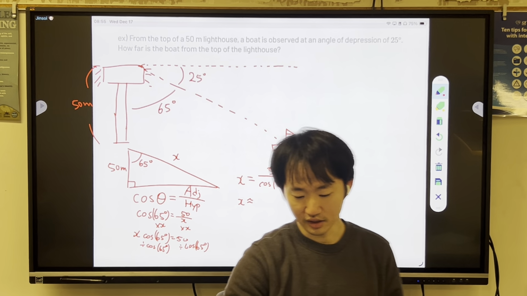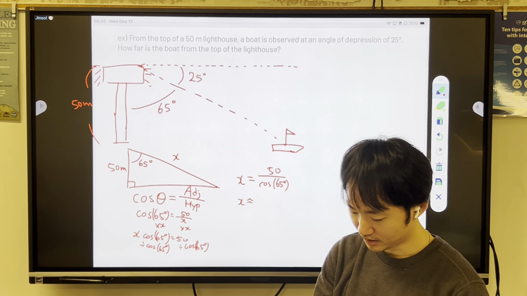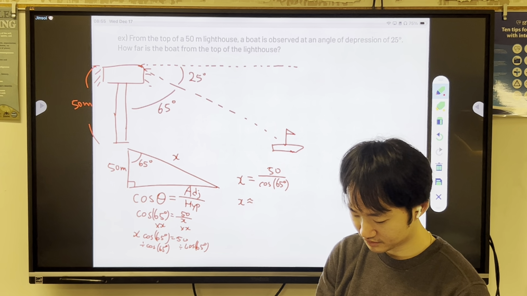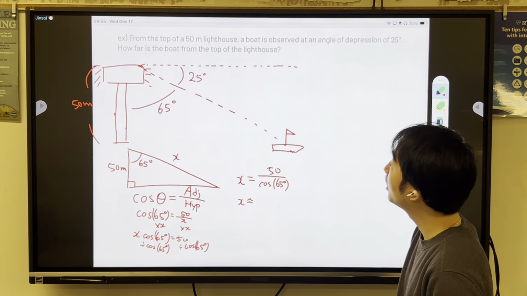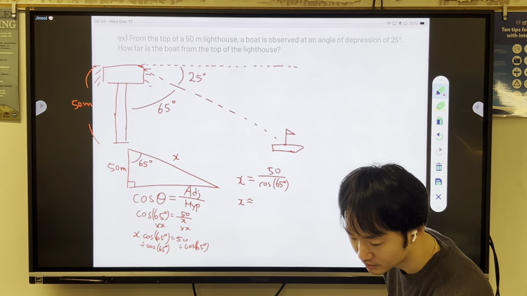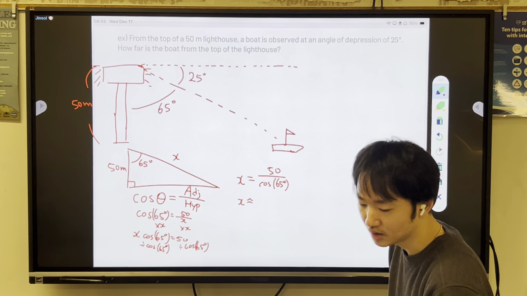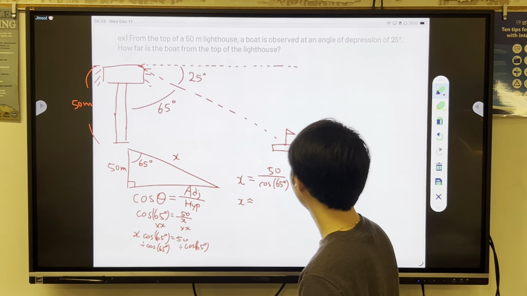So if I put that into the calculator, 50 divided by cosine of 65, and the length is approximately 118.3.